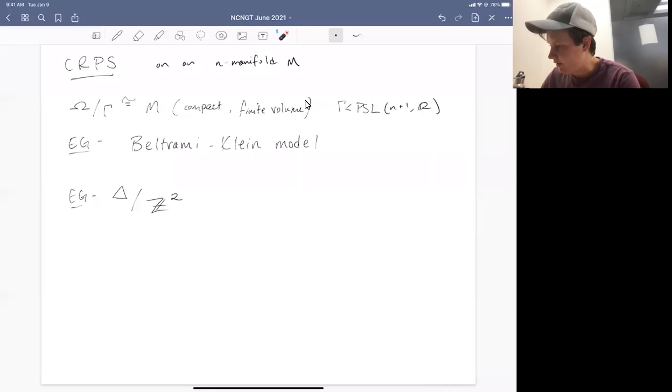Okay, so this is a hypothetical convex real projective structure. Do these things really happen? What could they look like? So one first example is the Beltrami-Klein model for hyperbolic space.